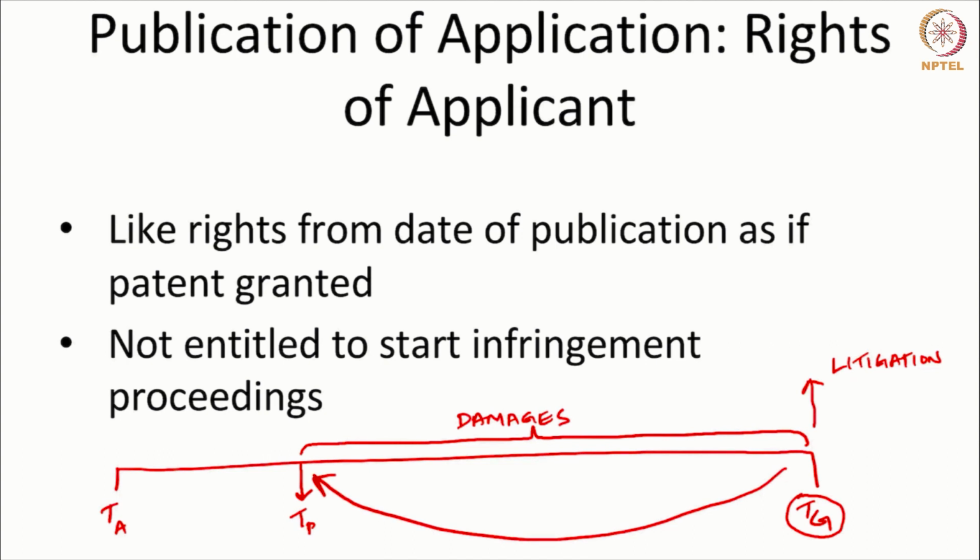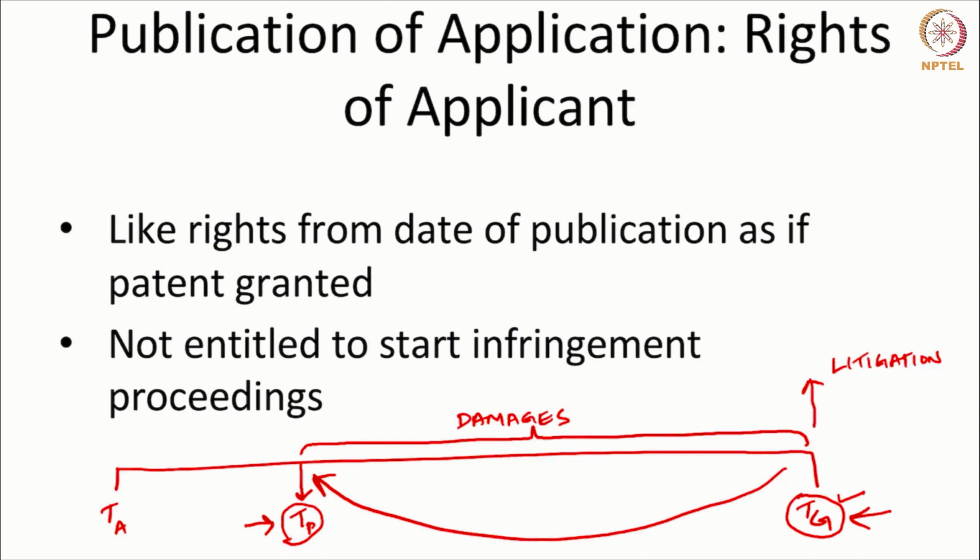The time period between TP and TG is something which the applicant can consider for damages. So if there is any infringing act between this time, TP and TG, the applicant can claim compensation or damages for those acts.